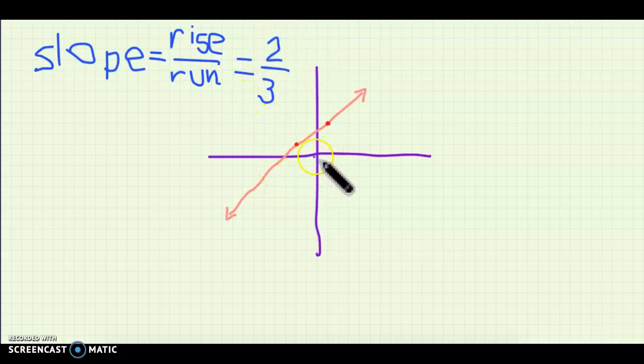Then we have the intercepts. You can see that the pink line crosses at x equals -3. So my x-intercept equals 3.